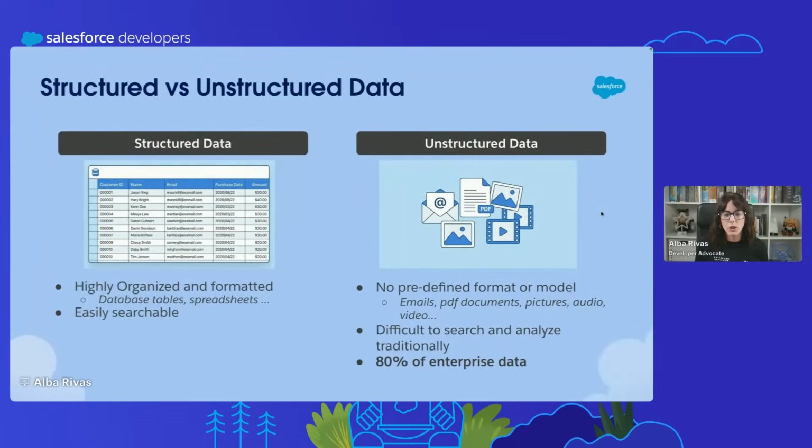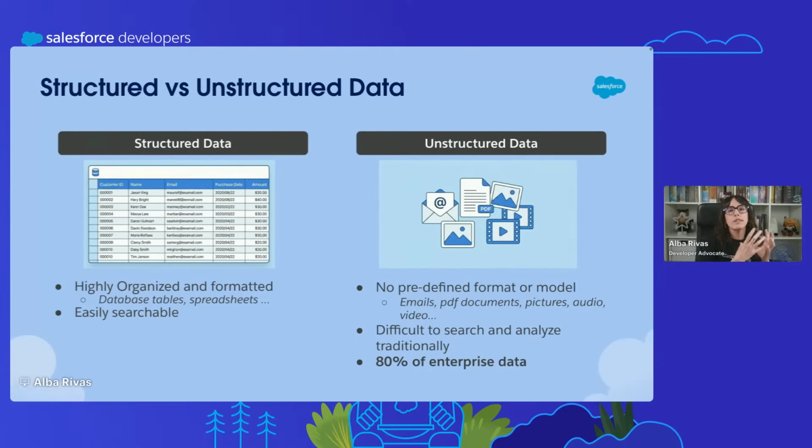So the name of my talk is Unlock Unstructured Data in Data 360. I always like to make my presentations easy and start from the basics, because many times there are people who don't really know some of the basic concepts. So we are going to start from scratch by defining what unstructured data is.